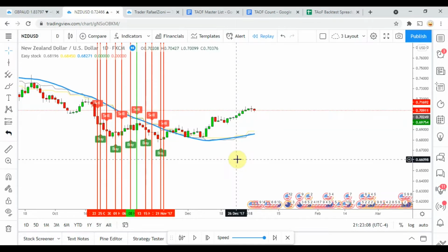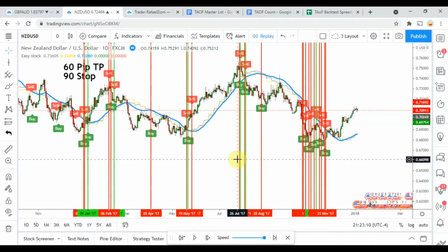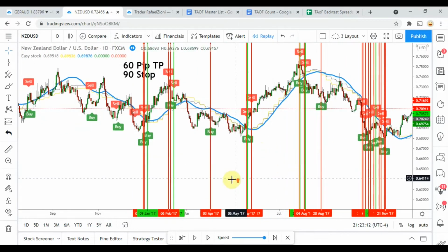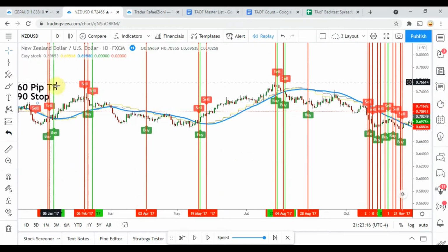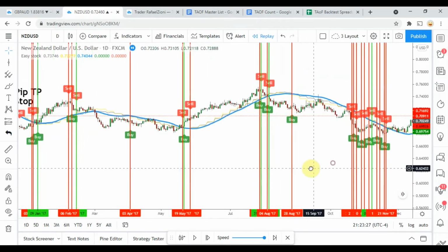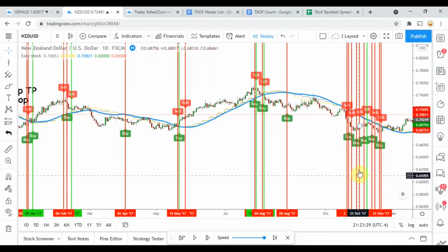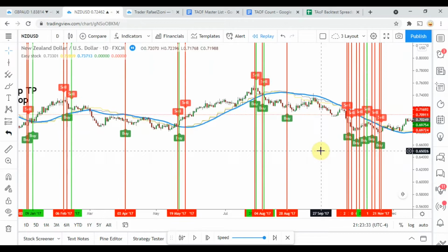All right, so back to the indicator here. This indicator was really strange. It's giving some really odd signals. Let's count them out and see what it did here. So we have 1, 2, 3, 4, 5, 6, 7, 8, 9, 10, 11, 12, 13, 14, 15, 16, 17, 18, 19, 20, 21, 22, 23, 24, 25, and 26.